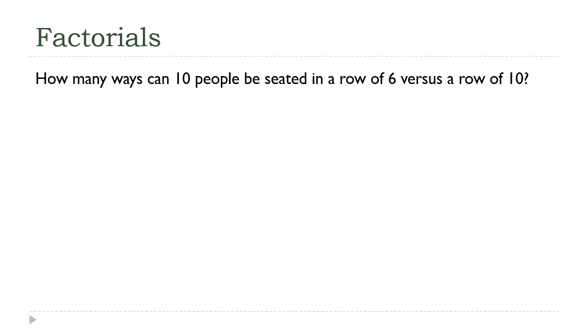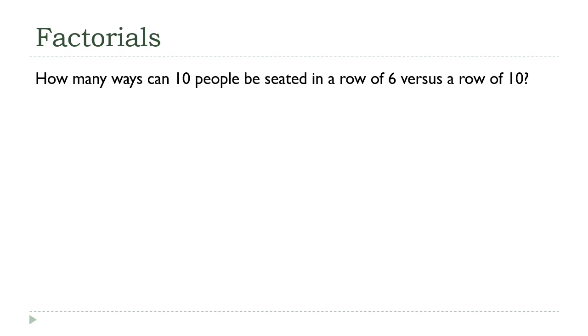So before I go any further, there is one more notation that you need to be familiar with. And if you already know what a factorial is, then you can skip this slide, go on to the next one, and you'll be just fine. Right? What a factorial does is it's a shorthand way of writing a specific kind of multiplication. In all of the questions that we've been answering so far, there comes a point where you end up multiplying a series of integers together.